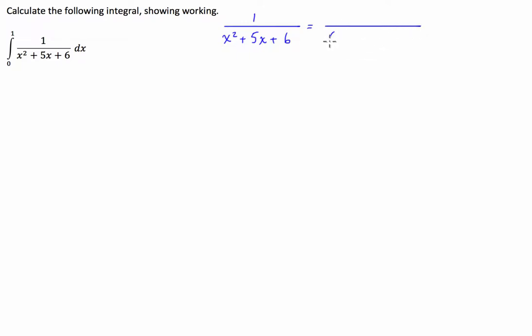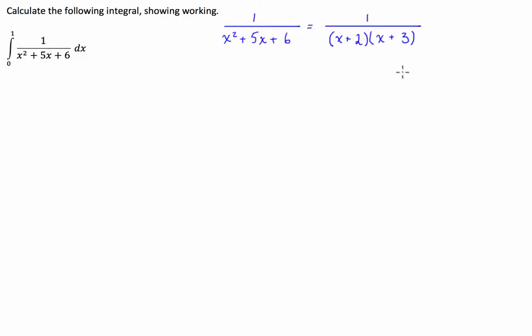So we're just going to go x plus 2, x plus 3. Now, we've still got our 1 over the top.